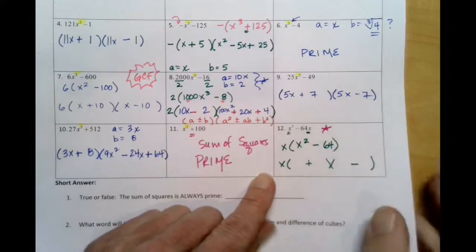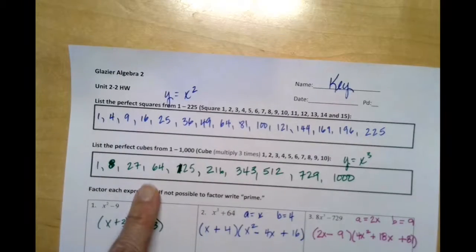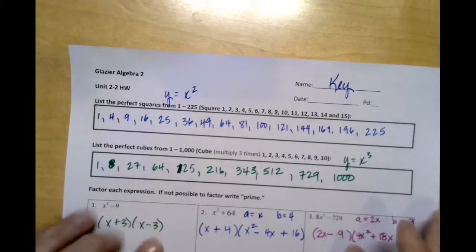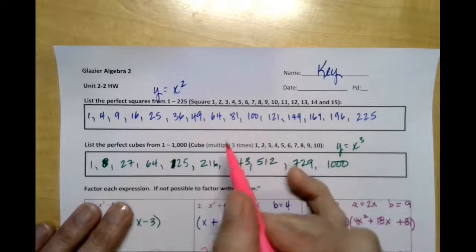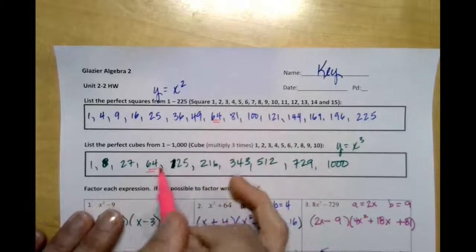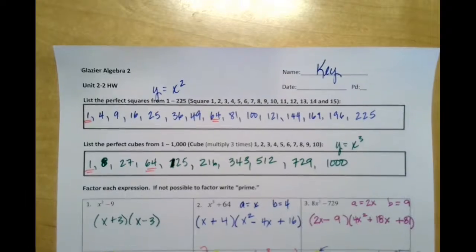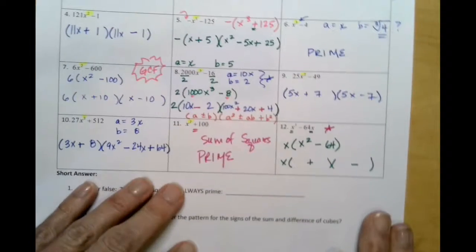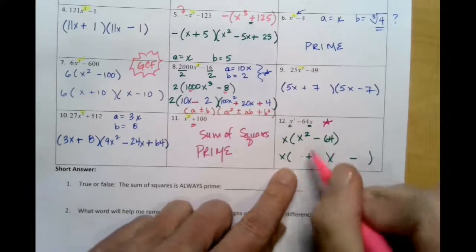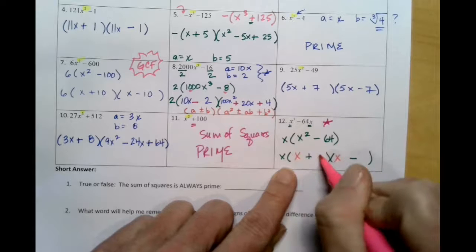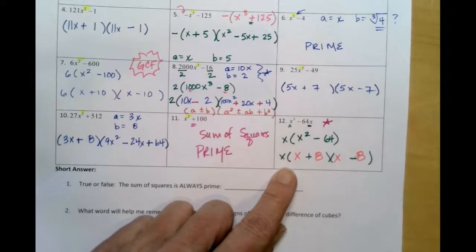We love 64. Check out 64. 64 and 1 are our two numbers that are both perfect squares and perfect cubes. So those are numbers that we're going to see a lot. Very familiar. All right, so we're going to go ahead and do x times x plus 8 and x minus 8.